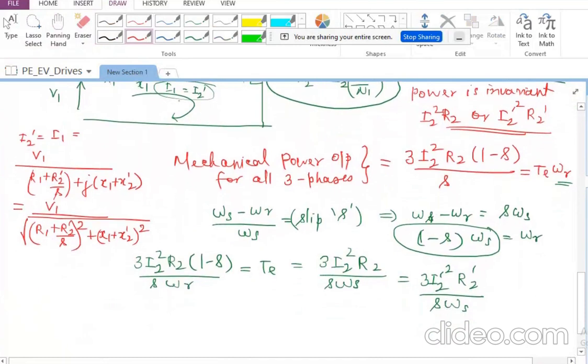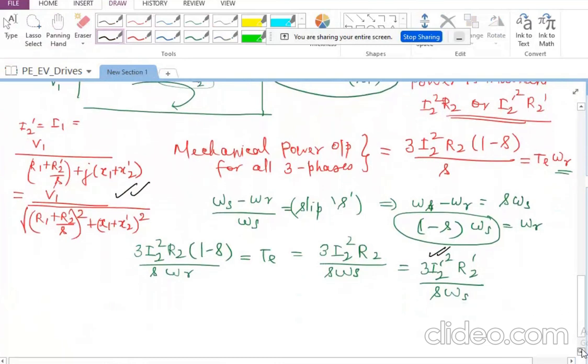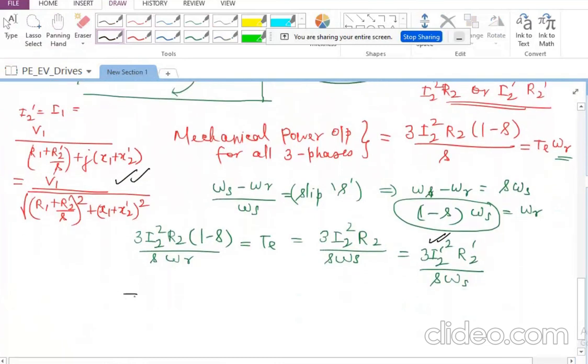So I can substitute this current expression in this place. So I should be able to write the electromagnetic torque equal to 3 times V1 square divided by the square root of this. When you square it, you can remove the square root sign completely.